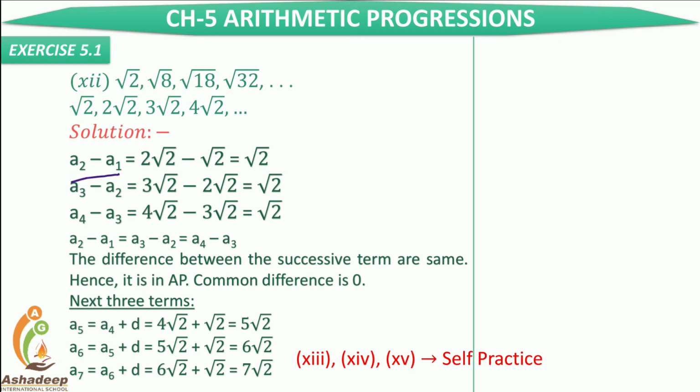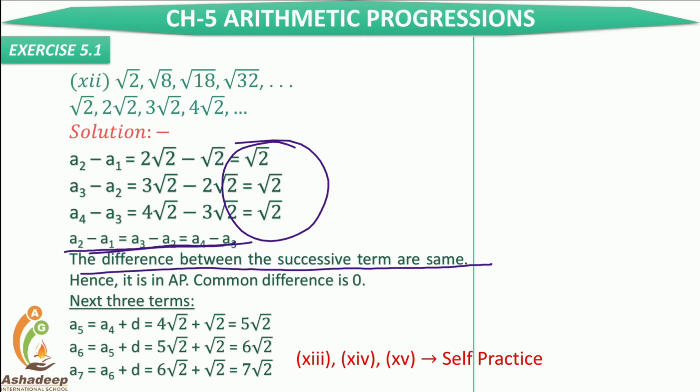So a2 minus a1, 2 root 2 minus root 2 is equal to root 2. 3 root 2 minus 2 root 2, root 2. 4 root 2 minus 3 root 2 is nothing but root 2. So every difference is the same. So the difference between the successive terms is the same, hence it is in AP. The common difference is root 2.